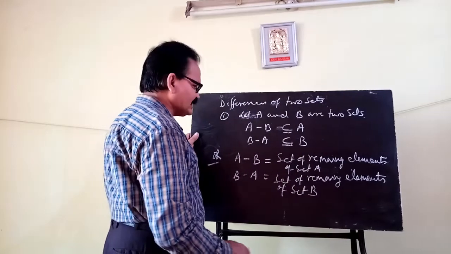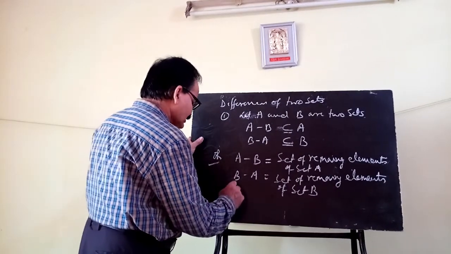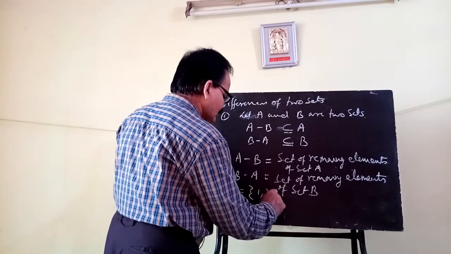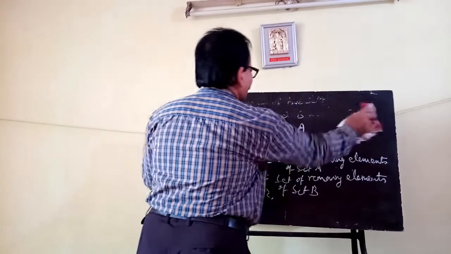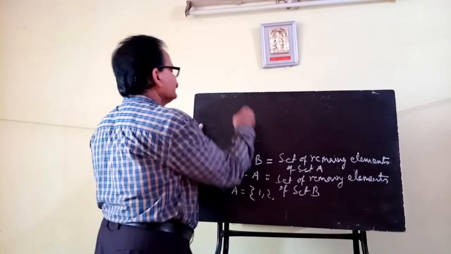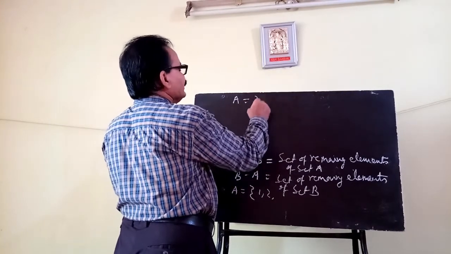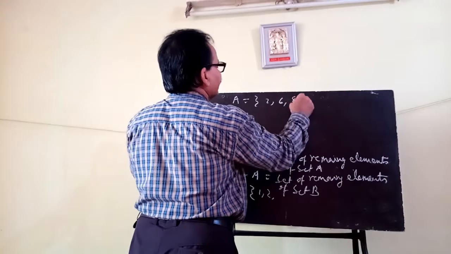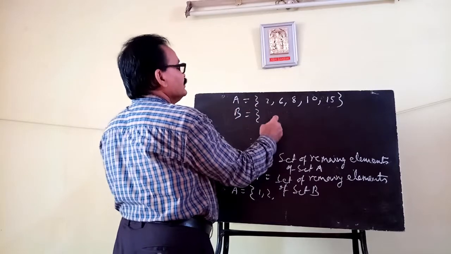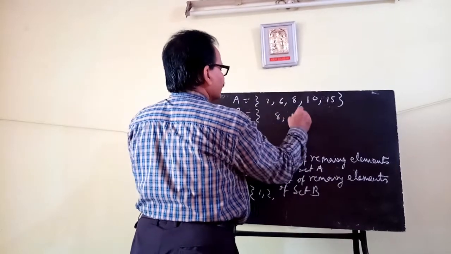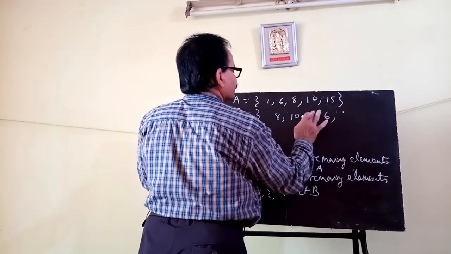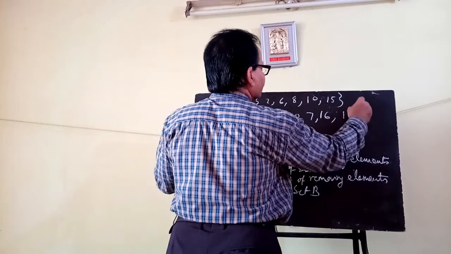Let us take an example. For difference, suppose A equals {2, 6, 8, 10, 15}, and set B equals {8, 10, 7, 6, 16, 18}.